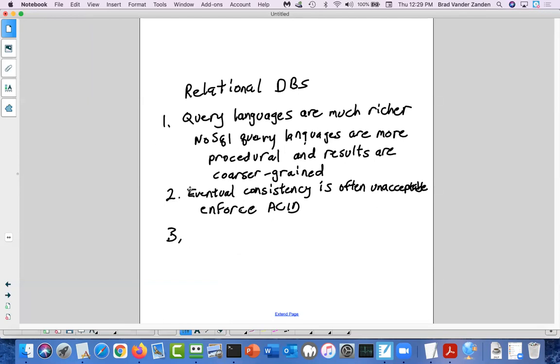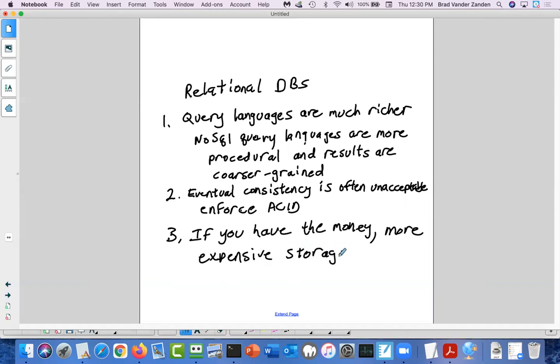Third, if you have the money, and of course you don't always have it, more expensive storage area networks allow relational database management systems to scale up.